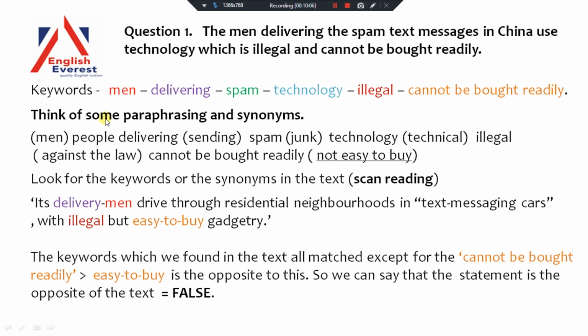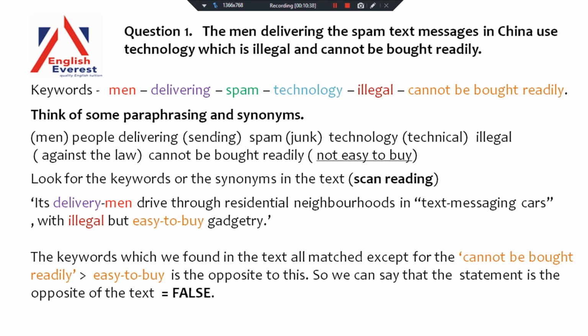So before you look at the text, a good idea is to think about some paraphrasing of your own. Now, I thought of these paraphrases and synonyms, so it will make it maybe easier for me to spot those in the text. So I suggest that you do this before you look at the text. So for men, or men delivering, I've got people delivering.